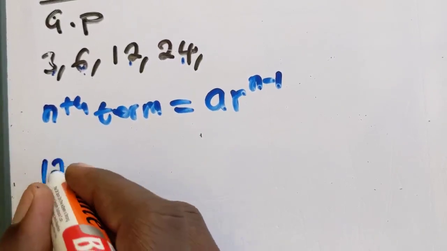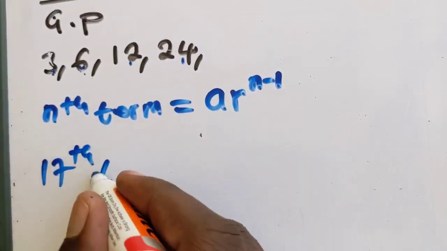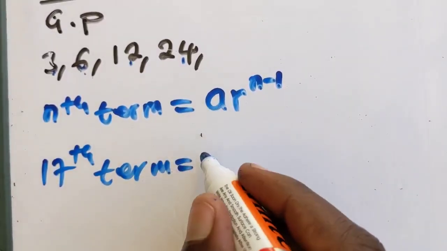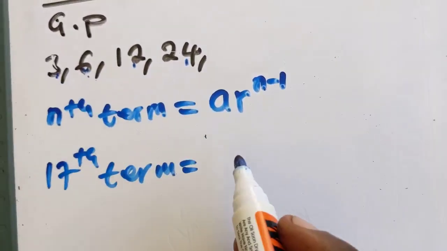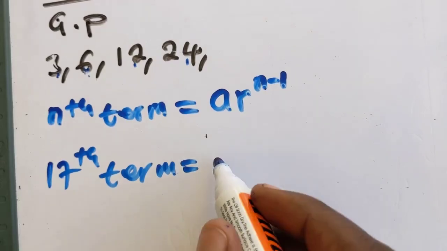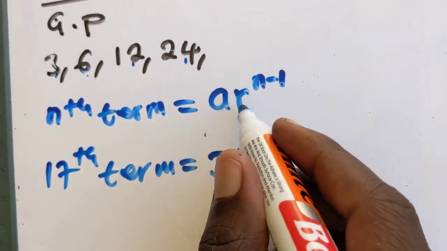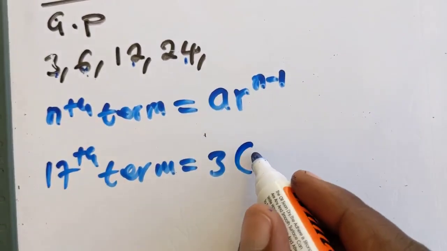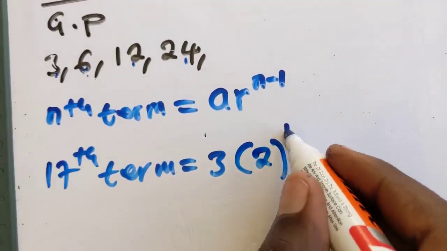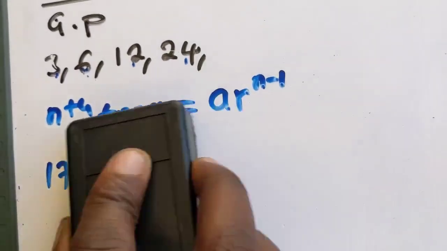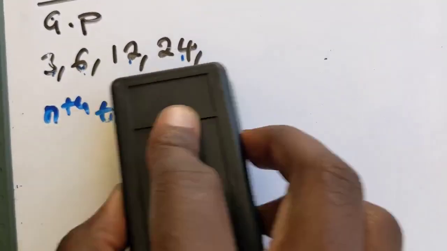You write 17th term is equal to a, the first term. a is 3, open bracket, r, the common ratio, we know that it is 2. Just write 17 minus 1. So you do the same thing. That is how you can do it. Let's look at another example.